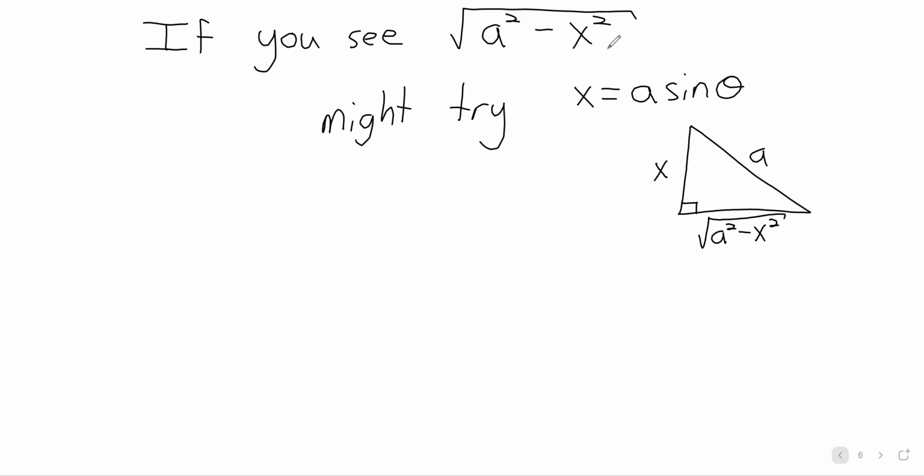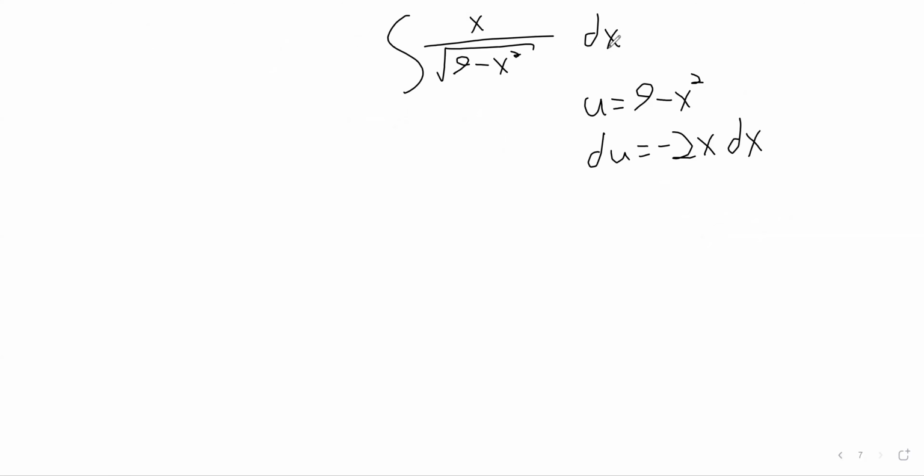Because we often don't want square roots, and trigonometric substitution will always get rid of the square root, that's its power, essentially. And these problems get pretty tedious, I'm afraid, but let's work out a problem.